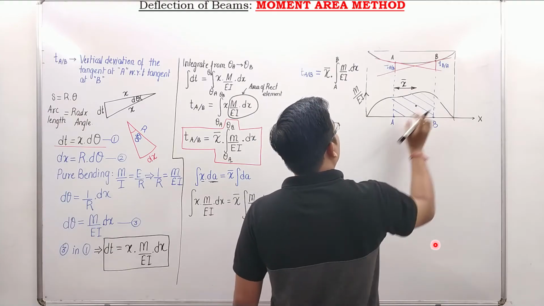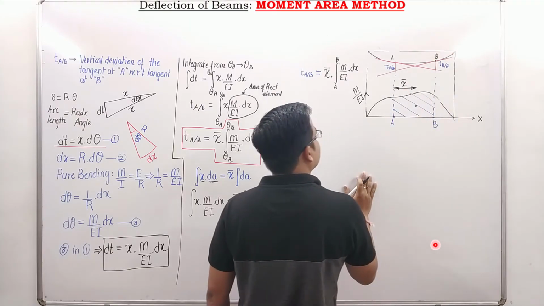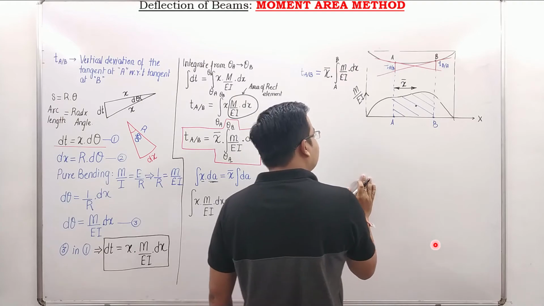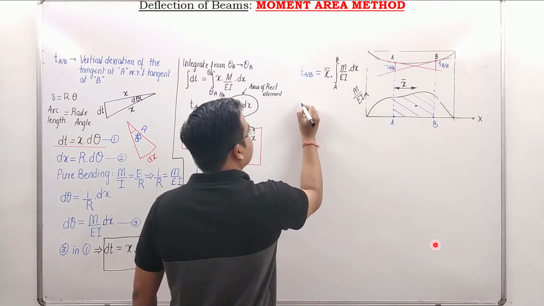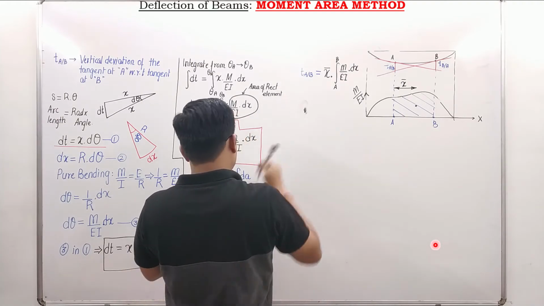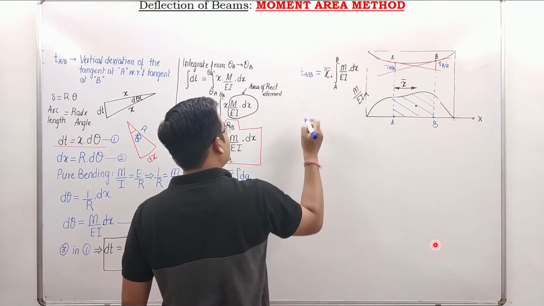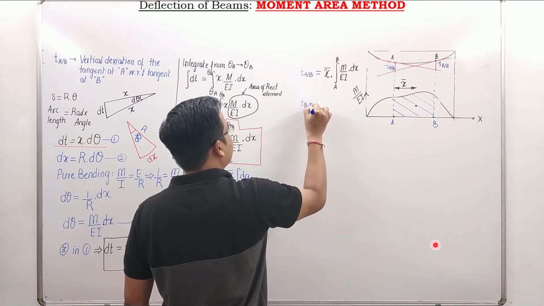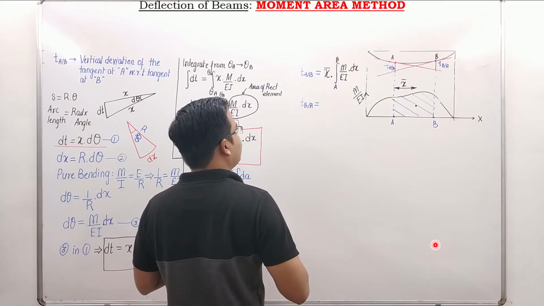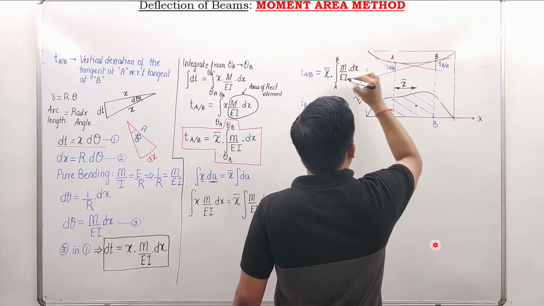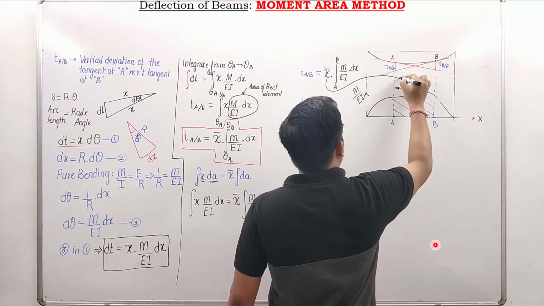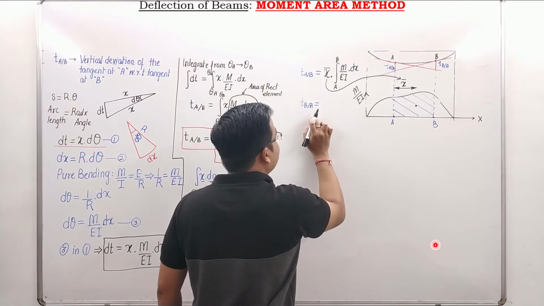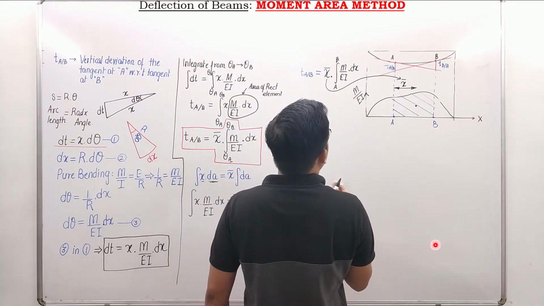Now let's say you want to find the vertical deviation at B. What needs to be done? Let me write this. Vertical deviation at B, T B to A. This will be equal to again an X bar. This is the X bar I'm talking about. For A to B and for B to A, the X bar is going to change.